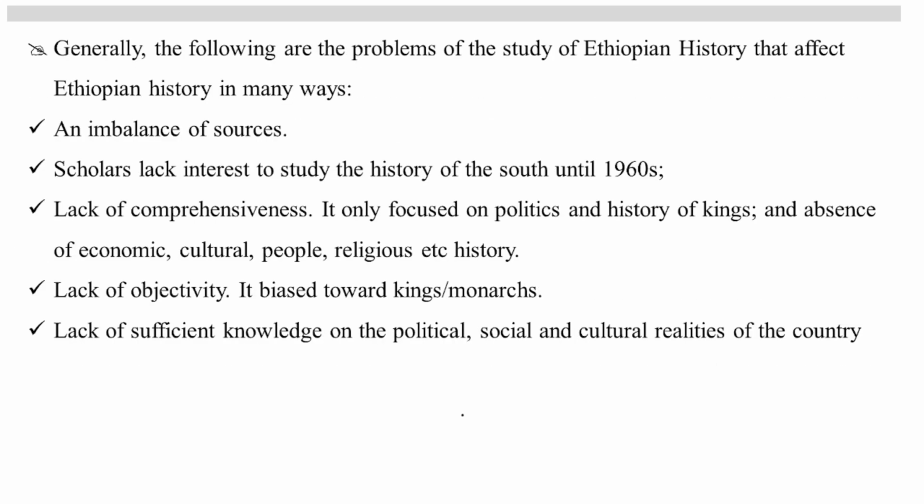Generally, the following are problems that affected Ethiopian history in many ways. One, imbalance of sources between north and south, like archaeological study in the northern part of Ethiopia. Even the physical remains of the south are not well studied, not yet studied.